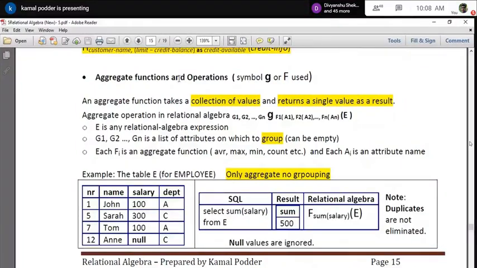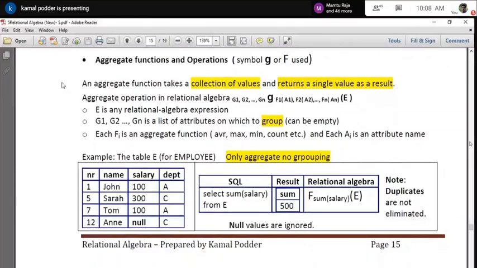It is represented with the help of G or F. Generally, when writing the expression, you can indicate this with the help of G. An aggregate function takes a collection of values and returns a single value. You know that when you take the sum of a column in a particular table, it adds all the values and returns the sum.